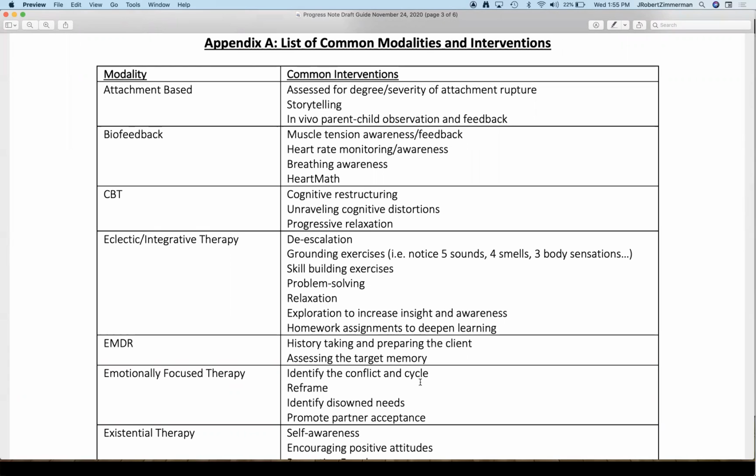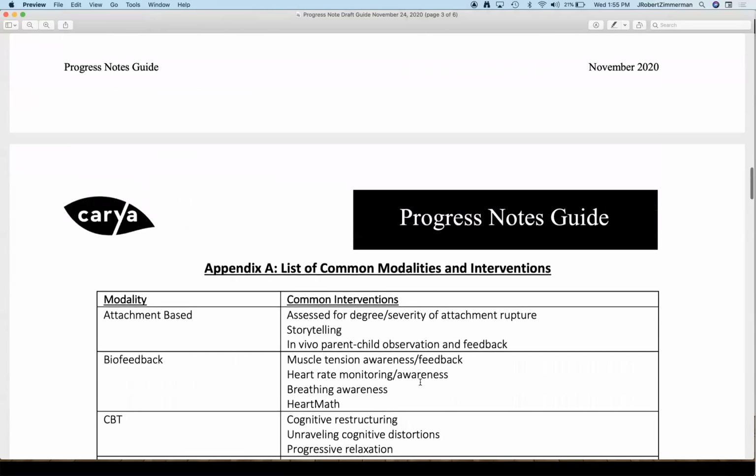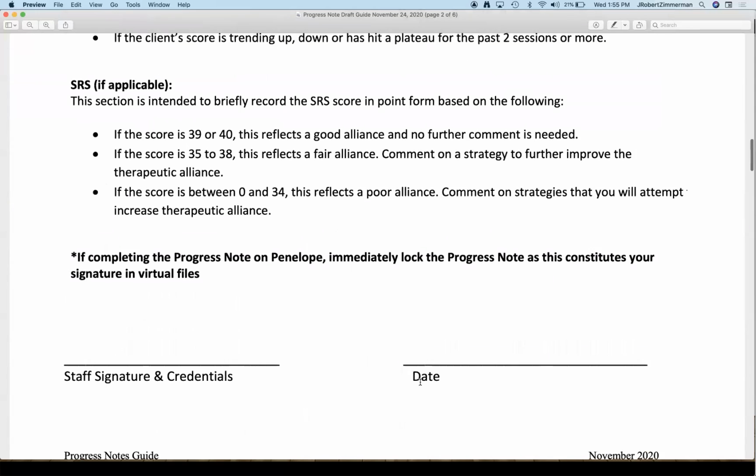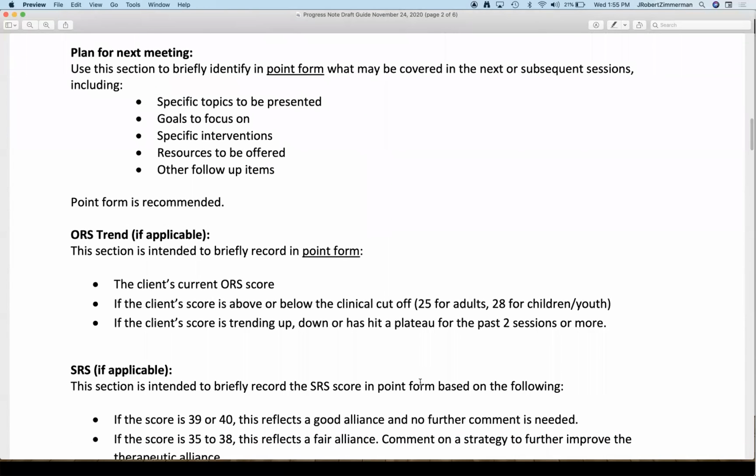So if you're looking for ways to articulate what you did in session, you can find the intervention and then also mention the modality that it pertains to. And that can be helpful just to speed up the process of including that information in your note. So the next section is plan for next meeting.